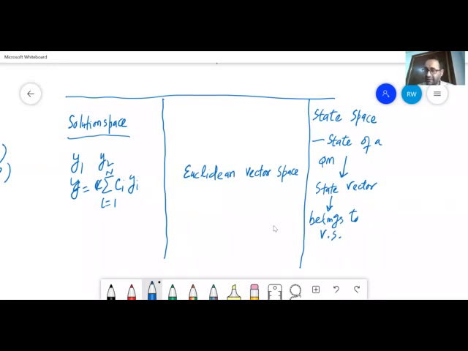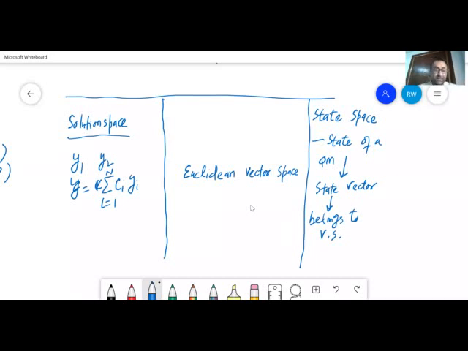This is very interesting, because when we were studying simple harmonic oscillators and waves, nobody told us that the solution belongs to a vector space. That has not been highlighted, but here we want to highlight it. That becomes an important difference.